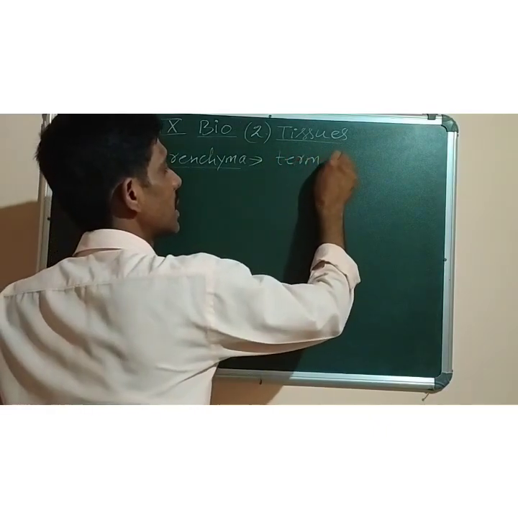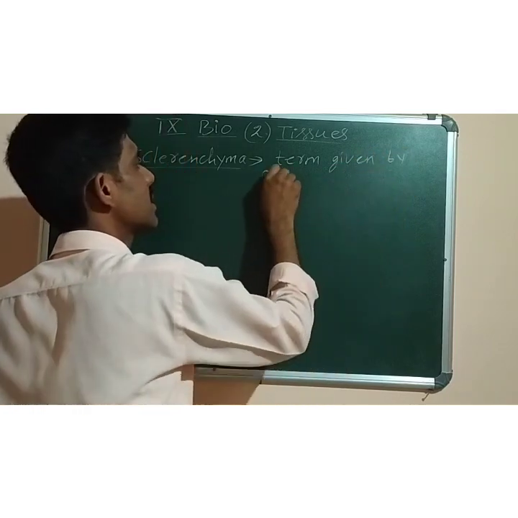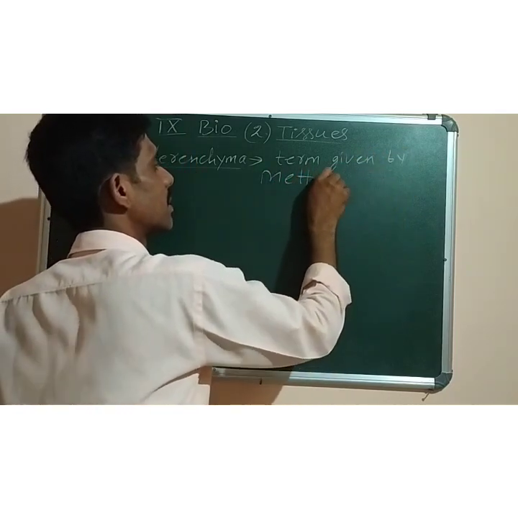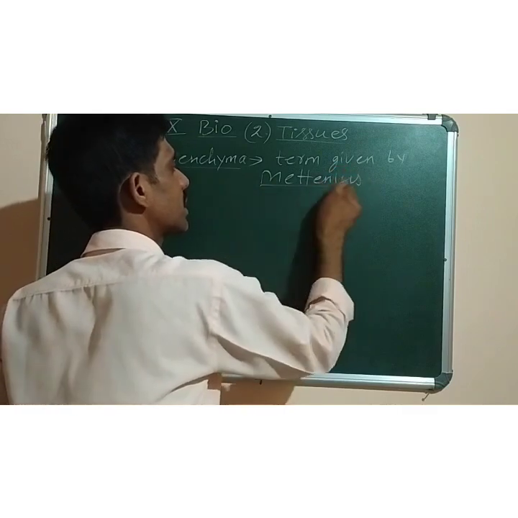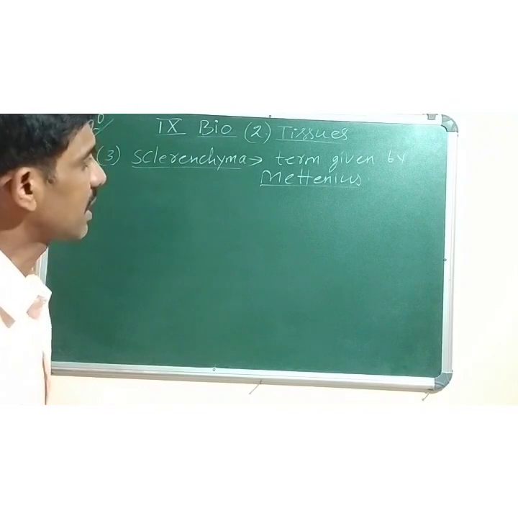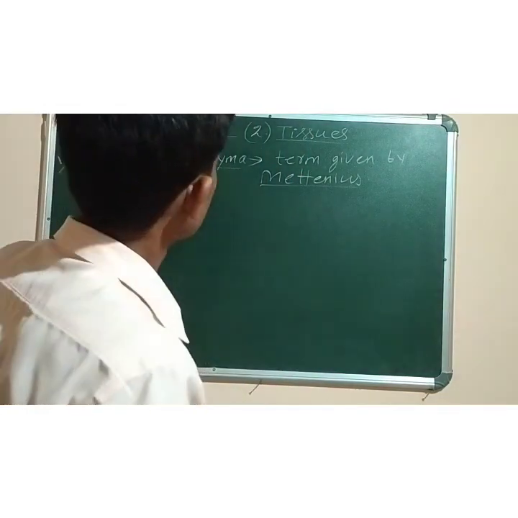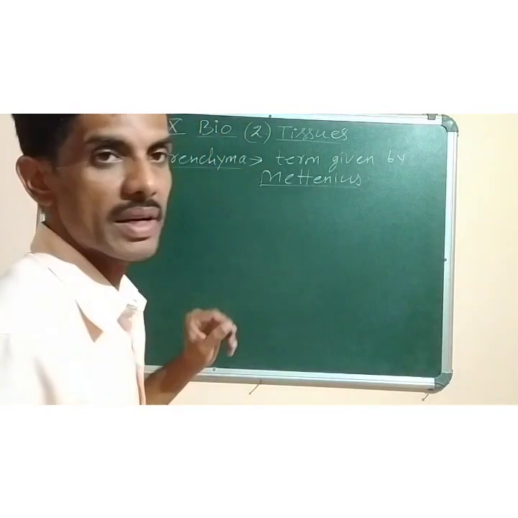The name of the scientist is Metenius. You can check the spelling: M-E-T-T-E-N-I-U-S.